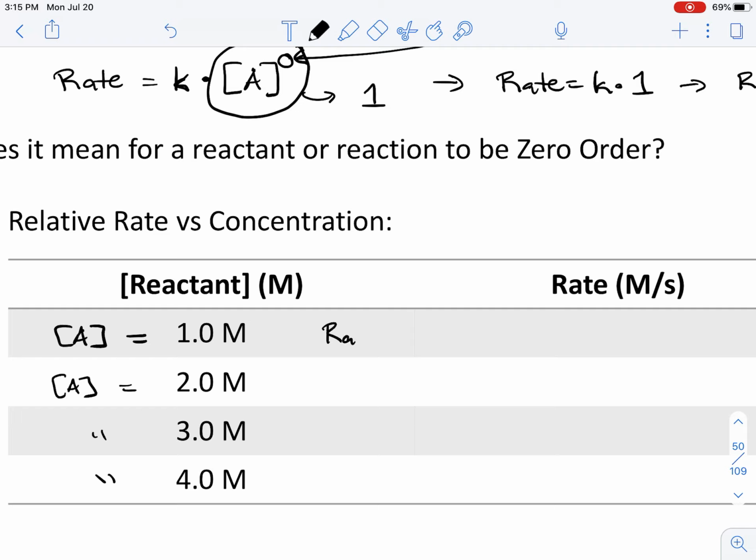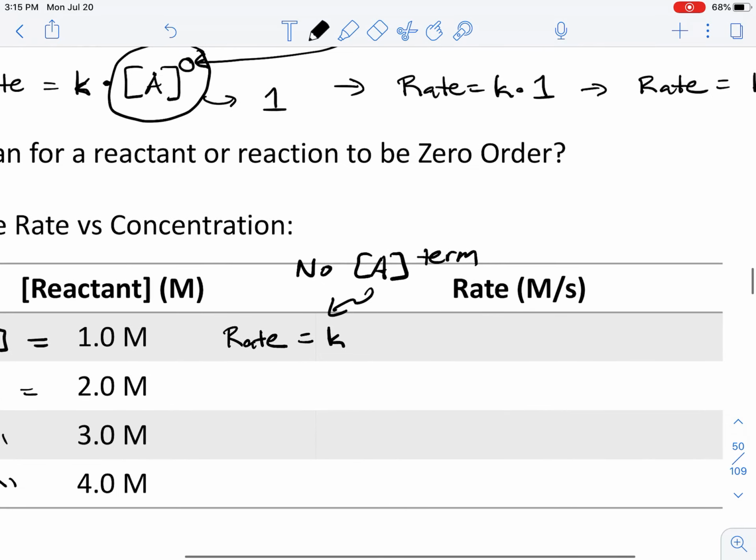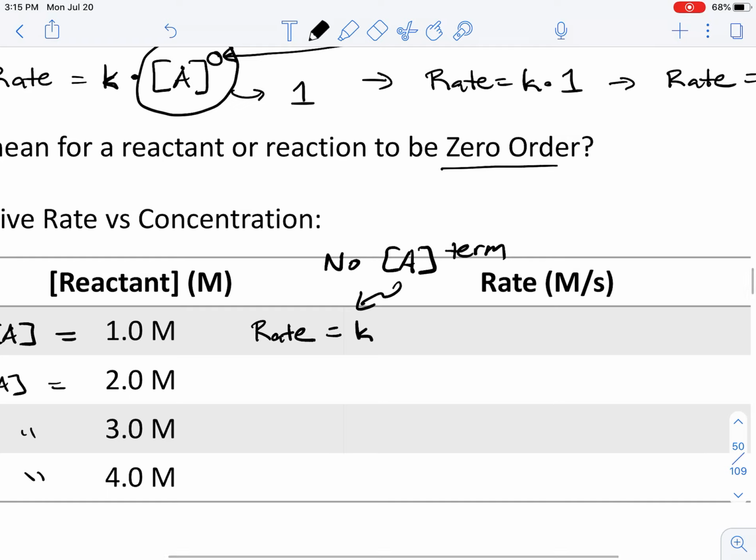If the rate law for zero order kinetics is simply rate is equal to k, notice that there is no concentration of A term in this rate law. What that's telling us is that zero order kinetics is concentration independent.